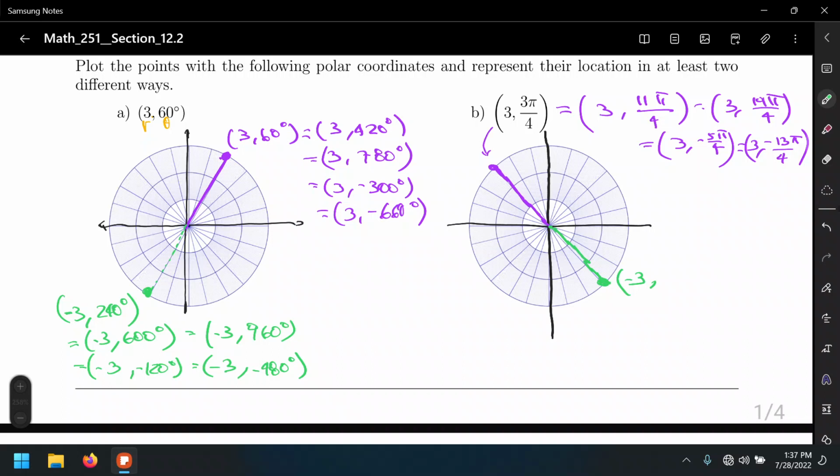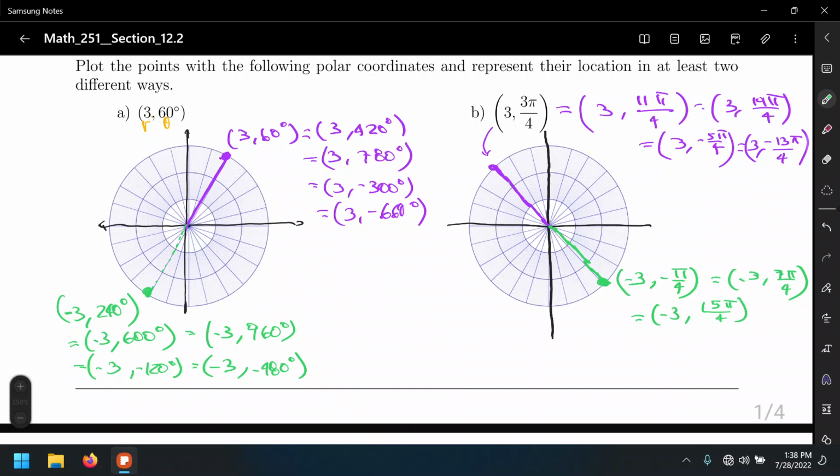However, I'm going to go initially with negative pi over 4, right? But of course, if you add 2 pi, that's 7 pi over 4. And keep adding another 2 pi, 7/4 plus 2, I have 15 pi over 4.